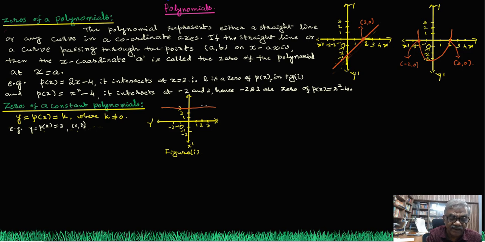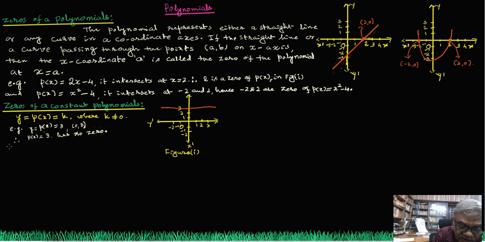This will never meet the x-axis, and therefore this constant polynomial 3 has no zeros, because it never intersects the x-axis at any point.